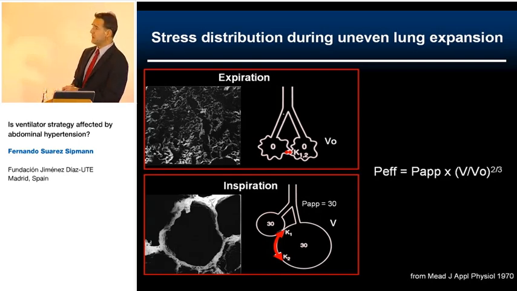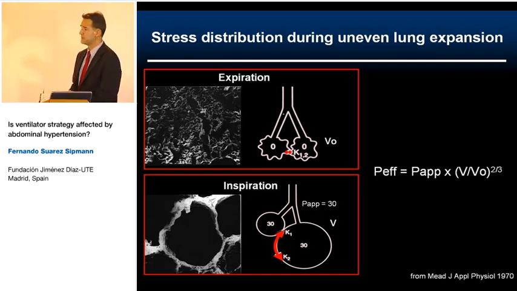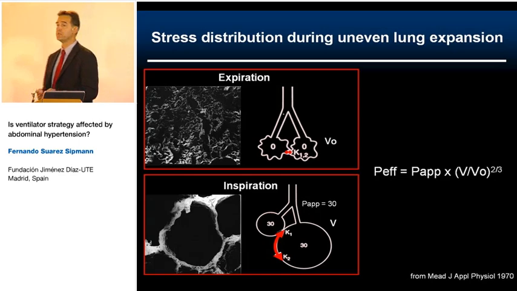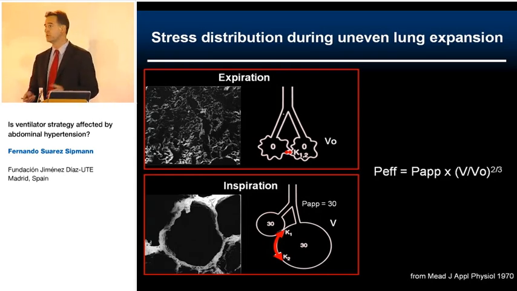So the effective pressure, that is the pressure that is created around this interface, is greatly amplified and equals the applied pressure to the expanding alveoli multiplied by the final volume that is theoretically reached by this inflation pressure, divided by the initial volume and raised to the 2/3 power.